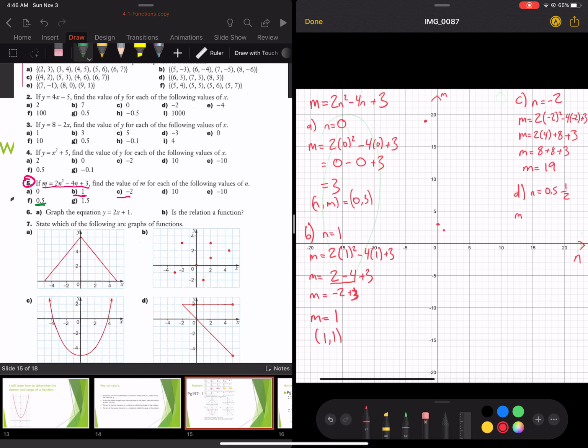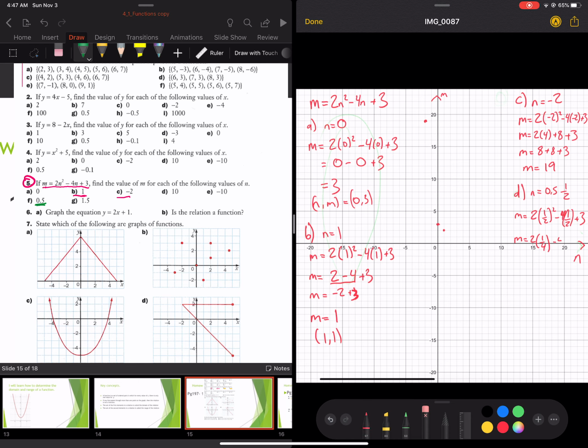So we got m equals 2 times 1 over 2 squared minus 4 times 1 over 2 plus 3. M equals 2 times 1 over 4 minus 4 times 1 over 2.